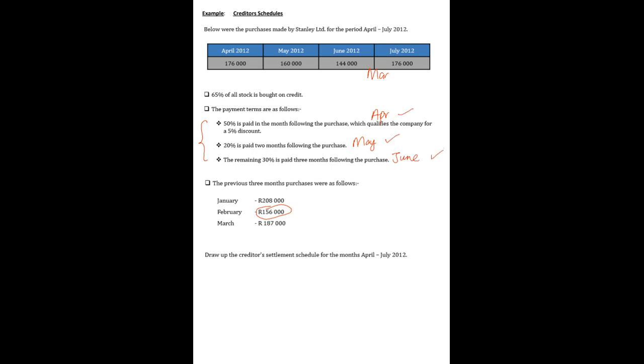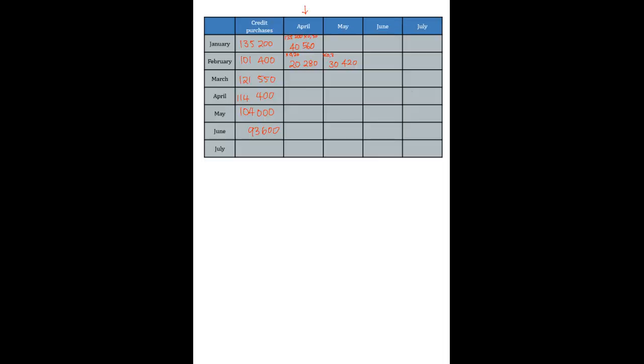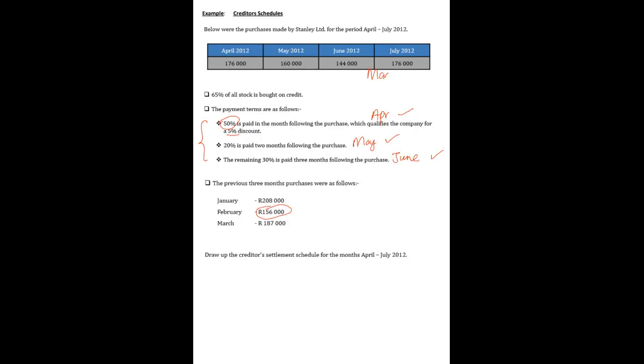The first one is 50% being paid, but it qualifies the company for a 5% discount. So basically what it's saying is, for the month of March, we had purchased 121,550. Now it's saying that of the 121,550, 50% of it is going to be paid in April.